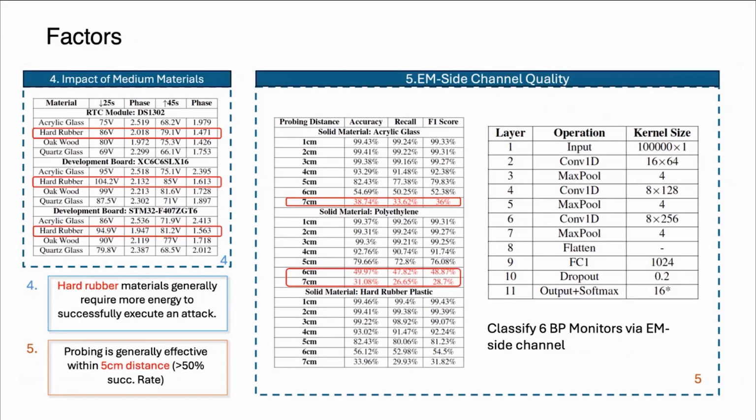We further tested some more practical factors. First, material properties matter. Some materials, notably soft, lossy polymers or thick rubber, require noticeably more drive energy to induce the same phase shift compared with rigid, thin solids.